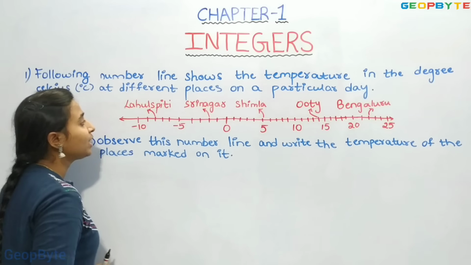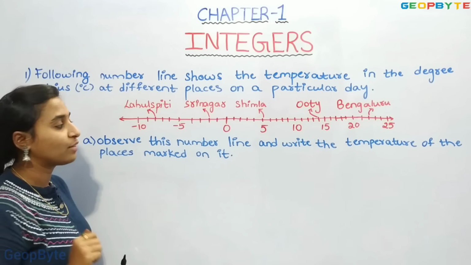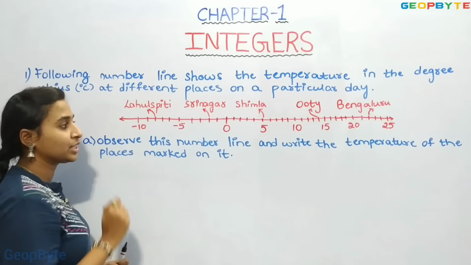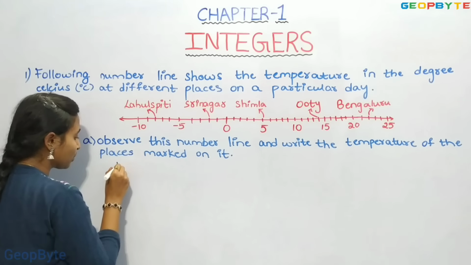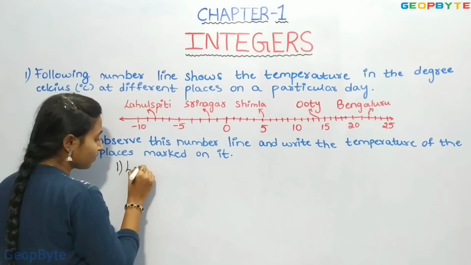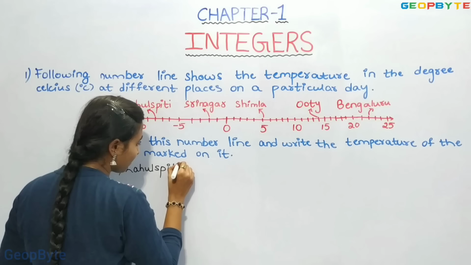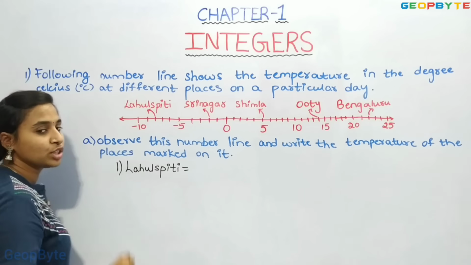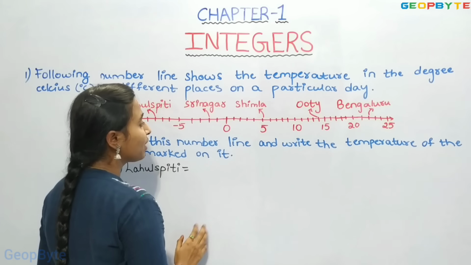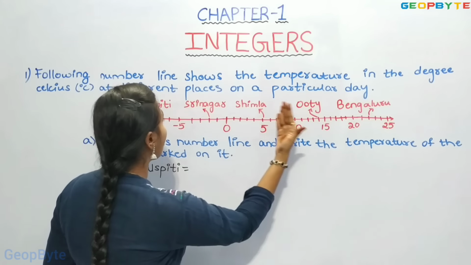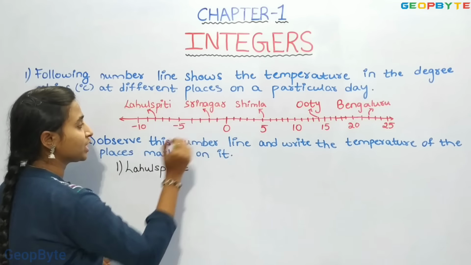It is given that there are some places on this number line. We have to identify the related temperature of each place. Let us write one by one. The first one is Lahulspiti. As I said, in a number line we have positive numbers on the right side of the 0 and negative numbers on the left side of the 0.